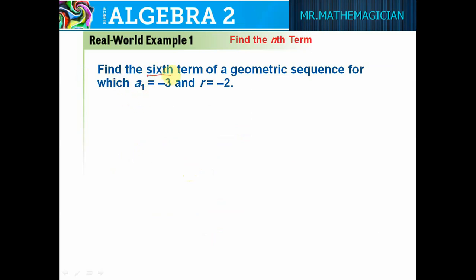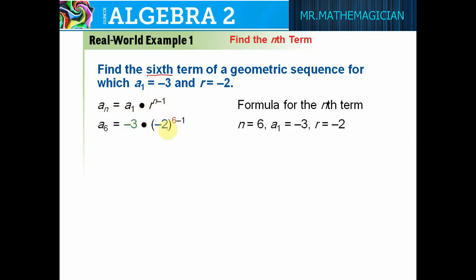Find the sixth term of a geometric sequence for which a1 is -3 and r equals -2. So let's write down the formula. An equals a1 times r to the n minus 1.